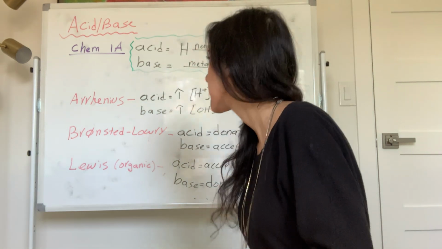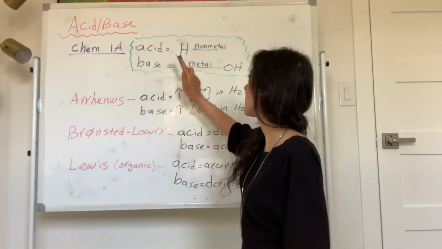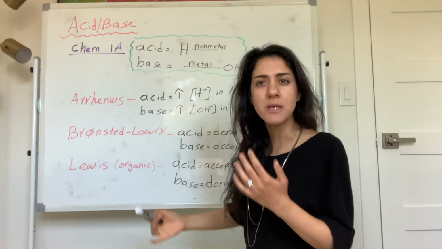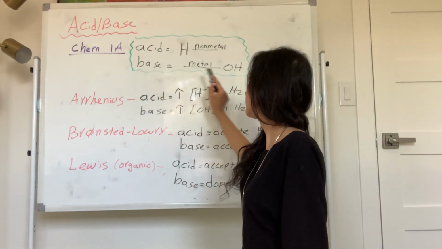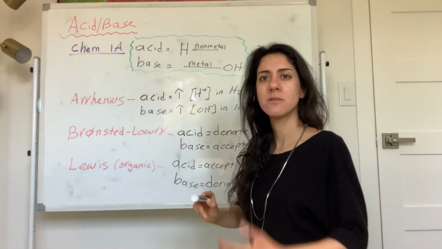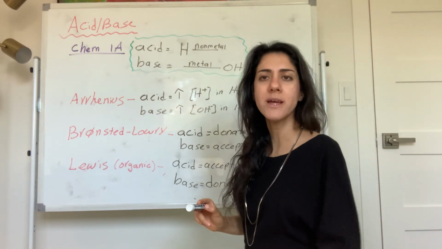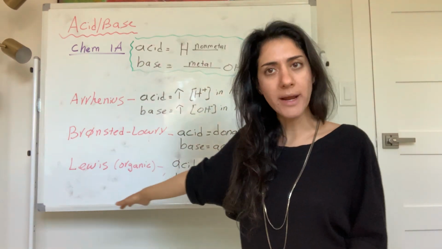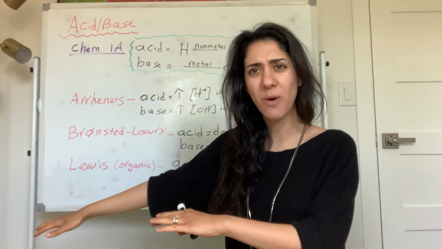Ends with OH, that's going to be your base, right? Acid is going to start with H and then a non-metal after that, like HCl, HBr, HI, and then a base is going to end with OH, and it's going to have a metal and then an OH. NaOH, KOH, lithium hydroxide.